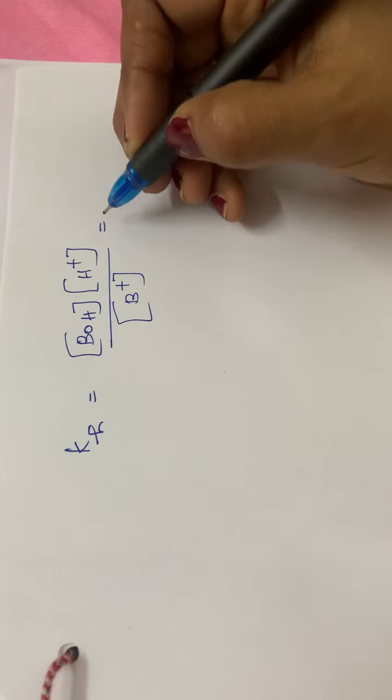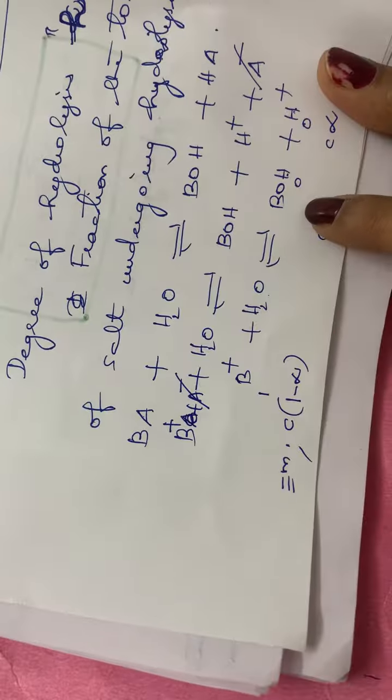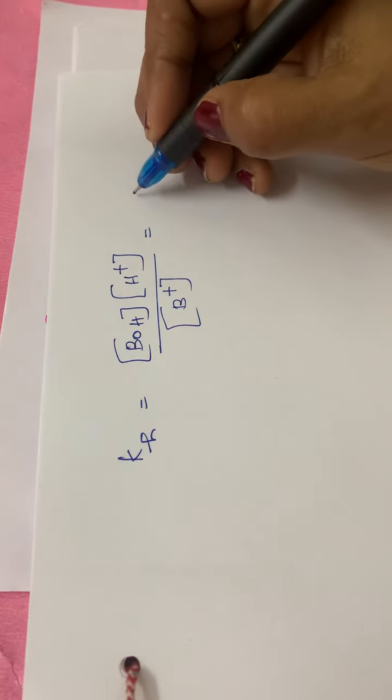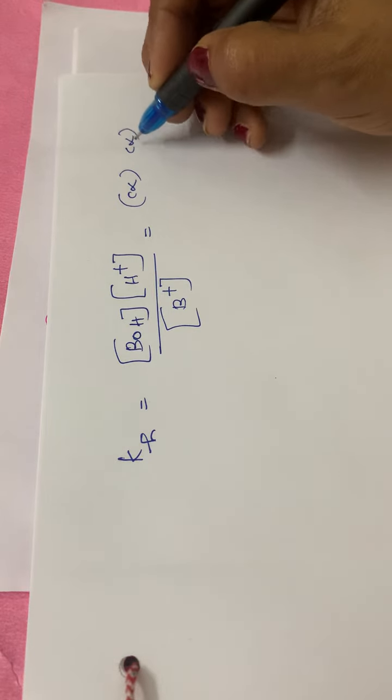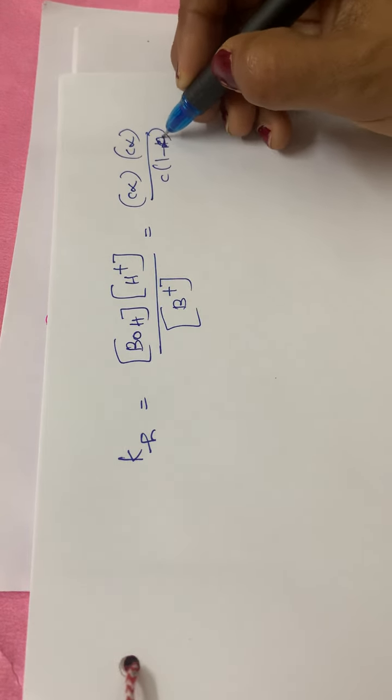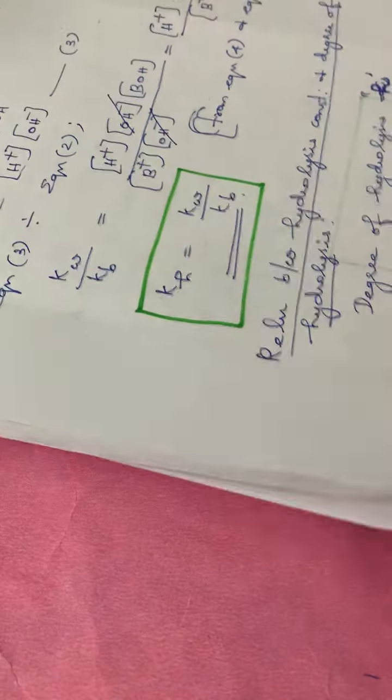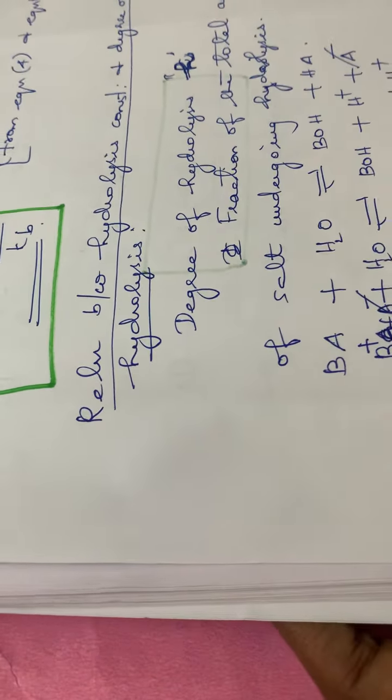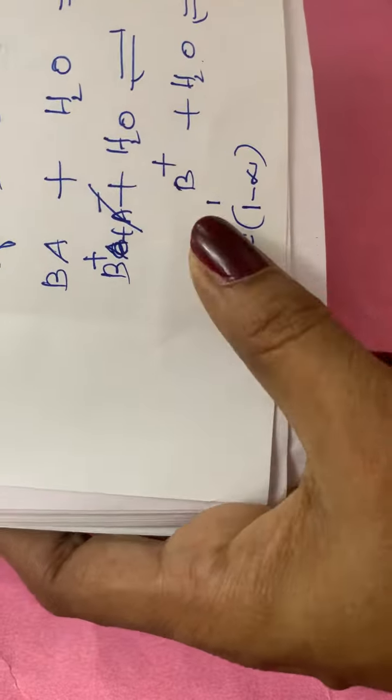Then you have to substitute for all these values. BOH is C alpha, H plus is C alpha. So C alpha into C alpha divided by C into 1 minus alpha, for B plus is C into 1 minus alpha.